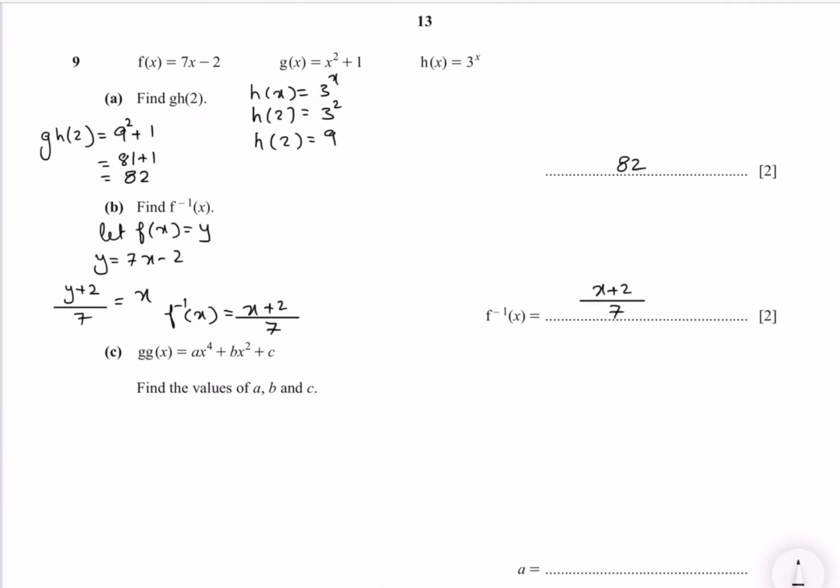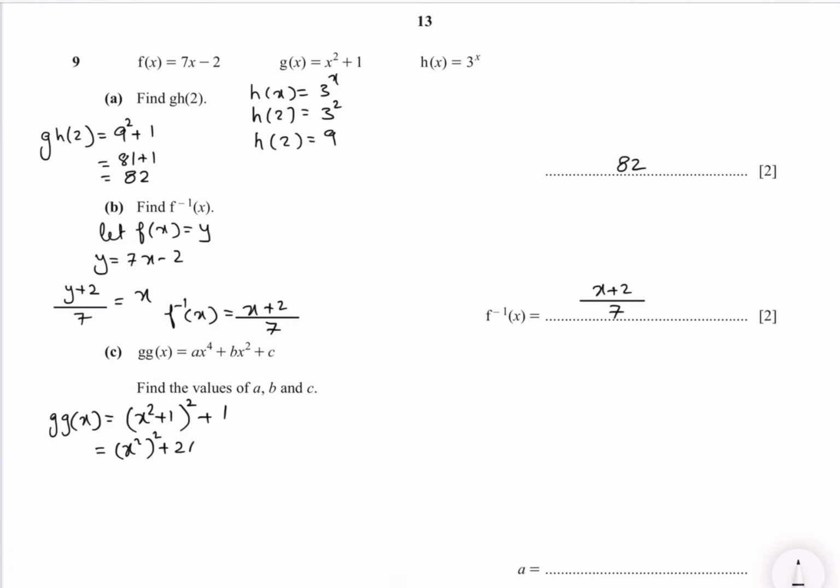g of x equals ax power 4 plus bx square plus c. So you insert the function g of x, which is x square plus 1, in g of x, which is x square plus 1. So write down x square plus 1 in x and square it. So plus 1.